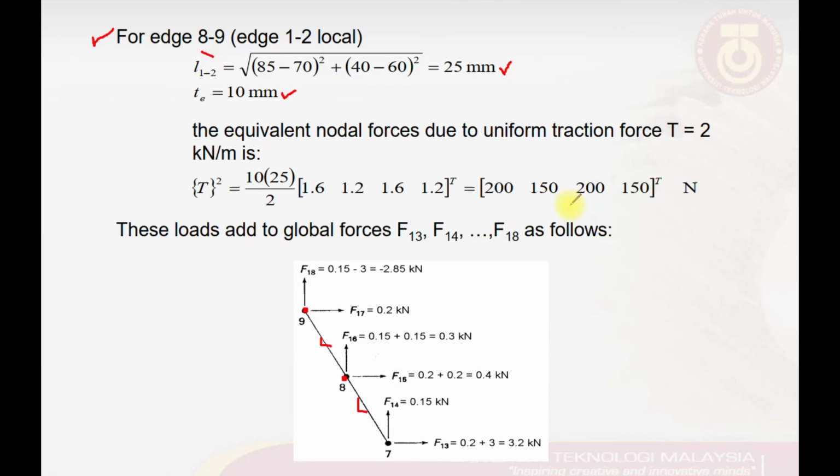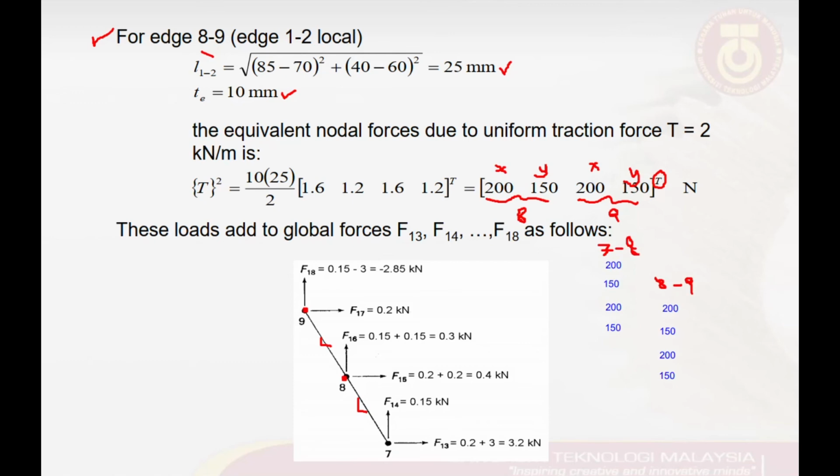The two values here will be applied on node number 8 in the x and y direction, and the other two here will be applied to node number 9, again both in the x and y direction. All the numbers here are written in the transpose format of the vector.